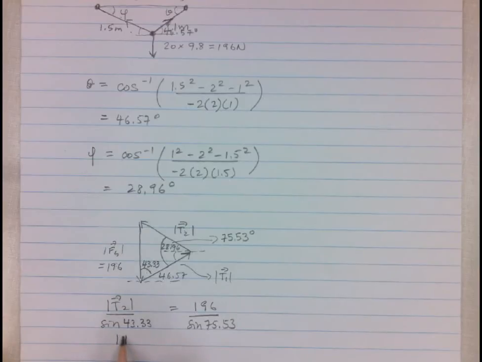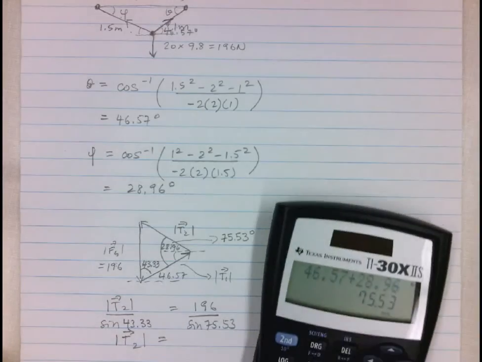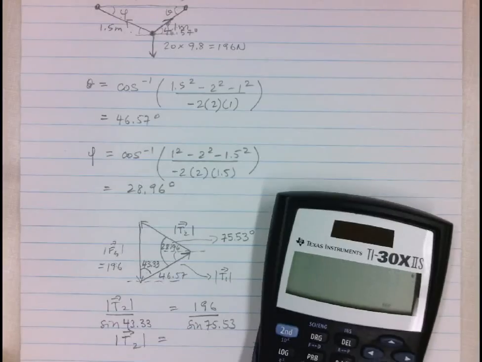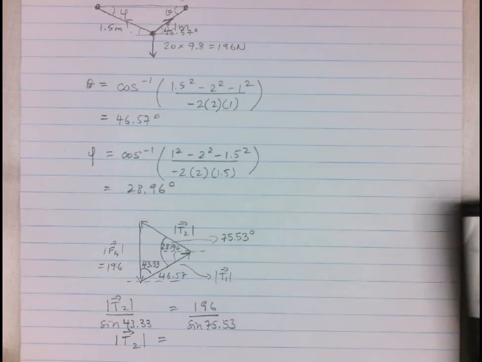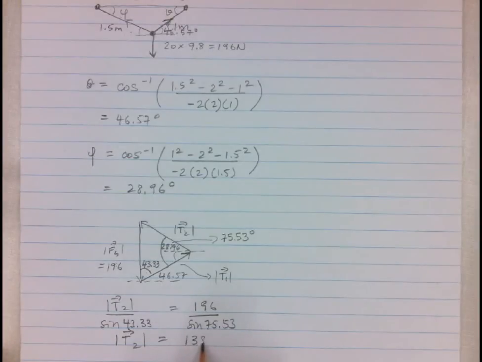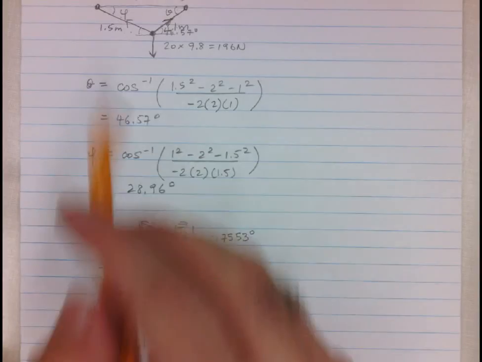I'm going to calculate all of this at once: 196 times sine of 43.33, and then divide that by sine of 75.53. And we end up with 138.9 newtons.